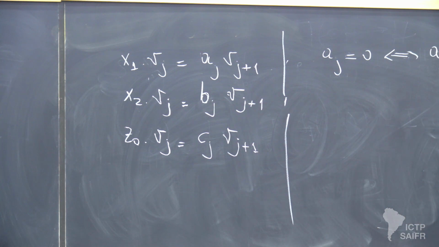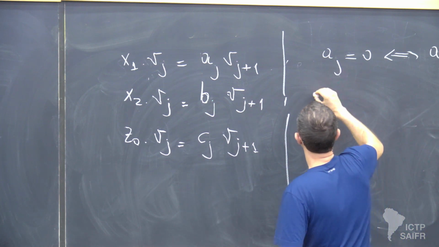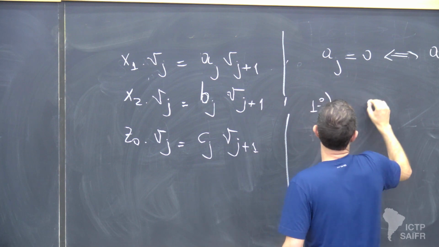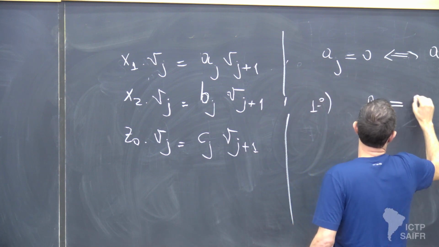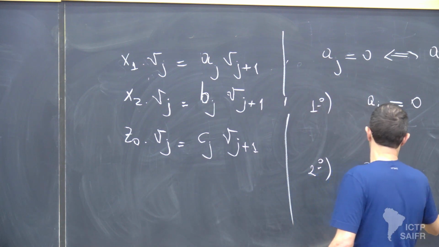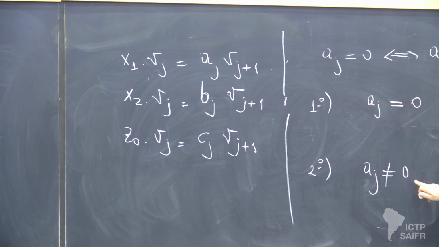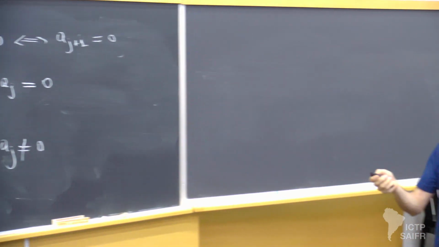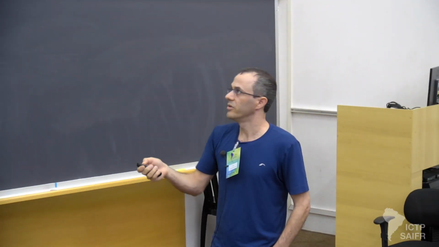It follows from the relations of the algebra. So this separates in two cases. This is the easier case, when Aj is not 0. That means that A0 is not 0.